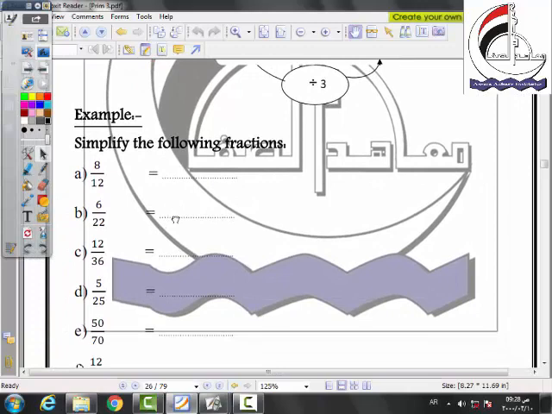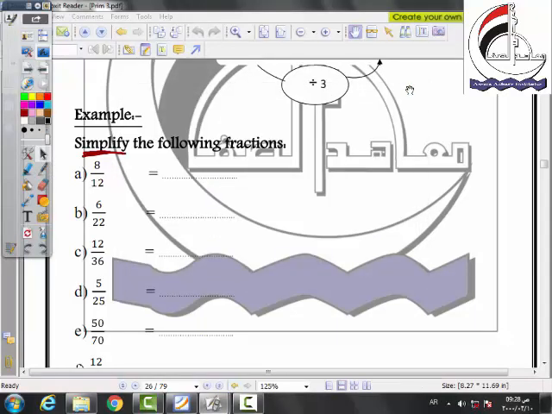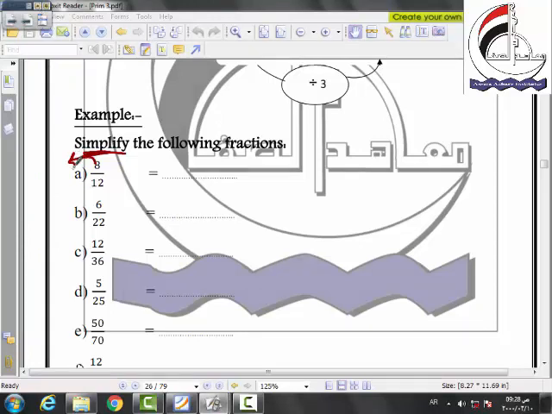Example: simplify the following fraction. We said before, simplify means divide. 8 over 12. Put 8 over 12 in the simplest form. We get the greatest common number between 8 and 12. 8 is 2 times 4, and 12 is 3 times 4.